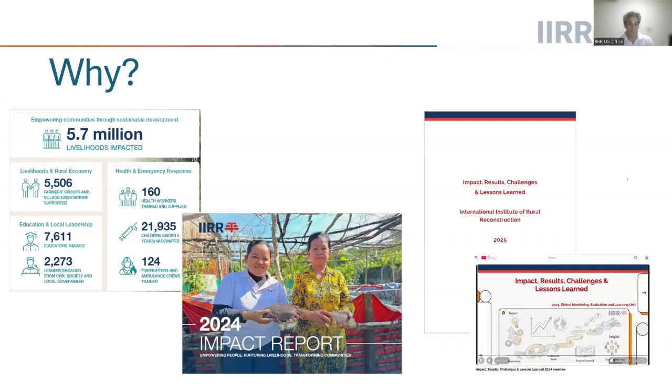The other part is knowing the depth and width of our impact. Here we got 5.7 million, but also what does this 5.7 million mean? We can understand in some projects how deep the impact was by sharing success stories and showing not only us but also our other stakeholders and the potential donors what we are capable of.